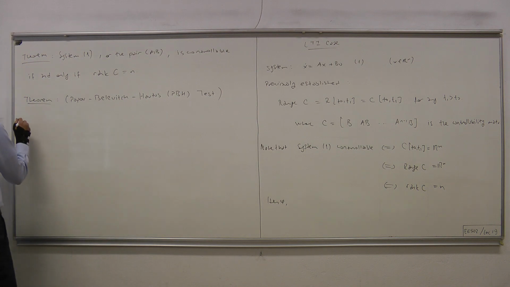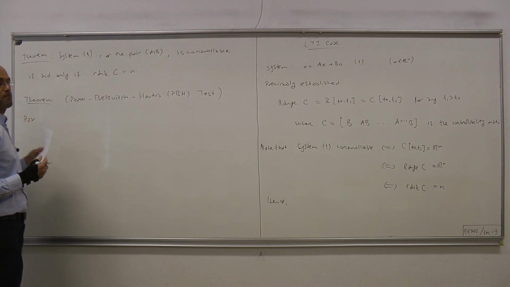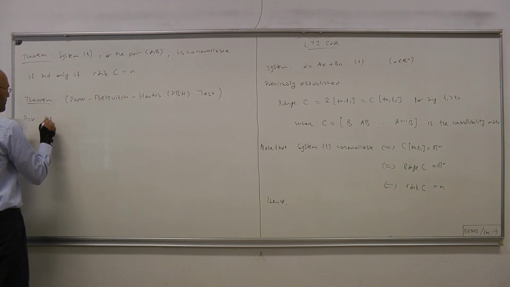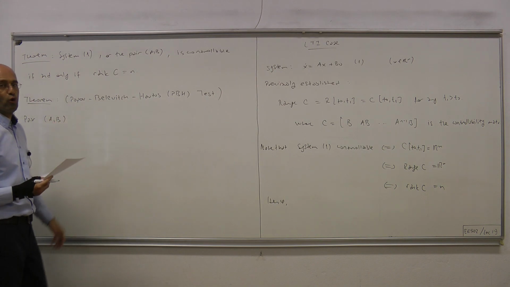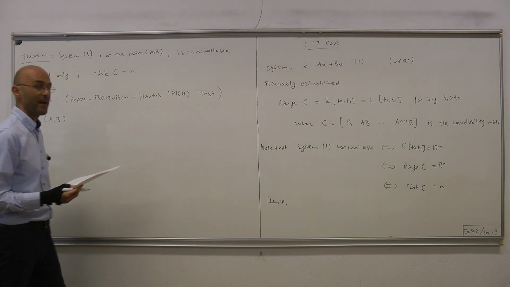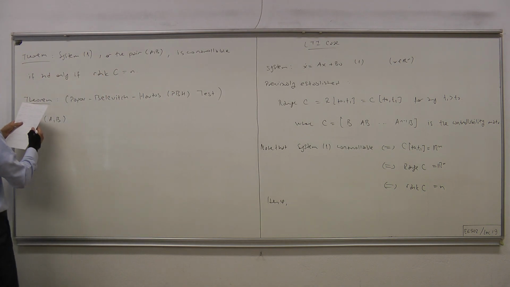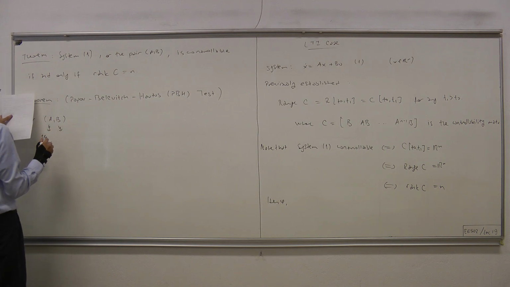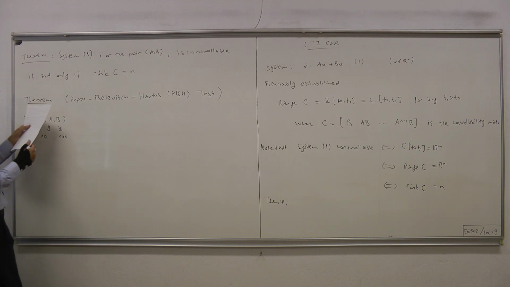So this test says that a given system, or pair, is controllable if and only if the following rank condition is satisfied. Let A be n by n, and B an n by k matrix.